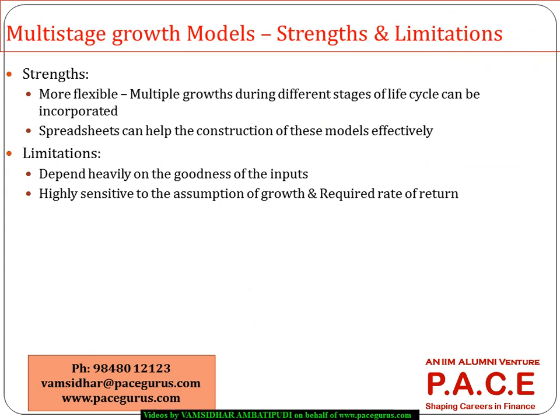Any kind of growth period can quite comfortably be accommodated into the model, and once you have a spreadsheet, you can play around with the dividends and the growth rates, create sensitivity analysis, and all these workouts can very comfortably be done before arriving at the value of that particular equity security.